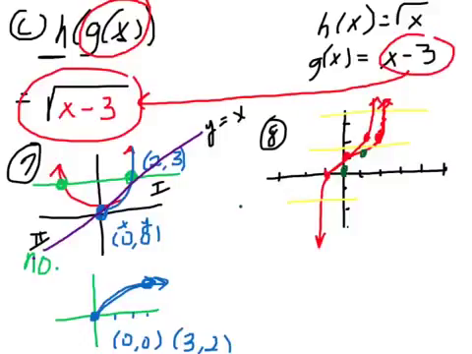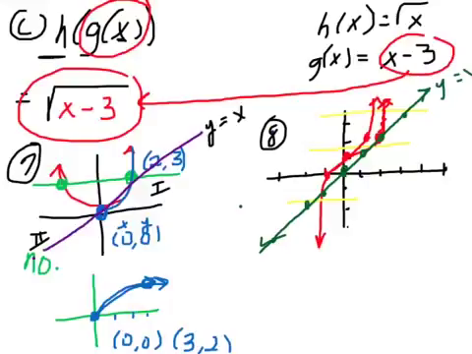So I'm in green, I'm graphing the line y equal x, 2, 2, 3, 3, and then -1, -1, -2, -2, -3, -3. Okay, so this is the line y equal x. And what you do is you count the same distance.